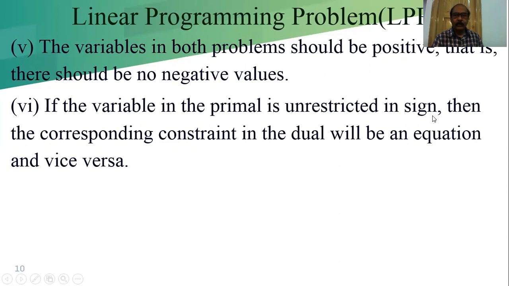Then the corresponding constraint in the dual will be an equation, and vice versa. Suppose a variable in the primal is unrestricted in sign, the corresponding constraint in the dual will be an equation. Similarly, if a constraint is an equation in the primal, the corresponding variable in the dual will be unrestricted in sign.